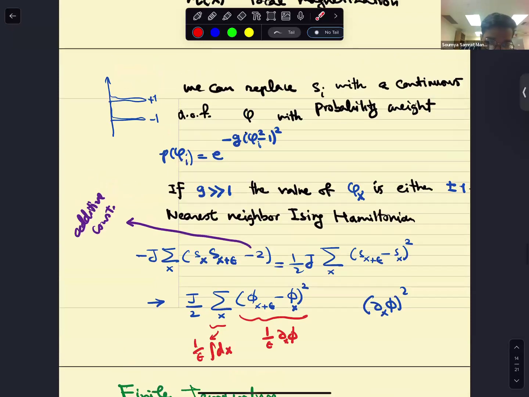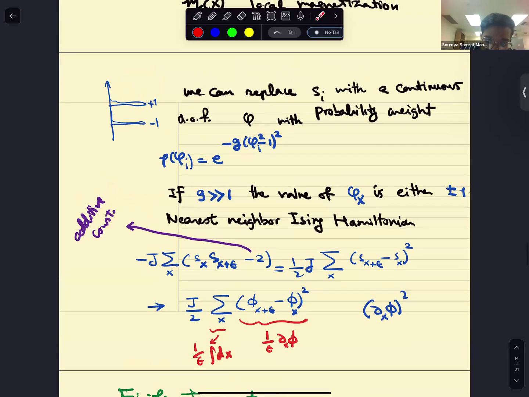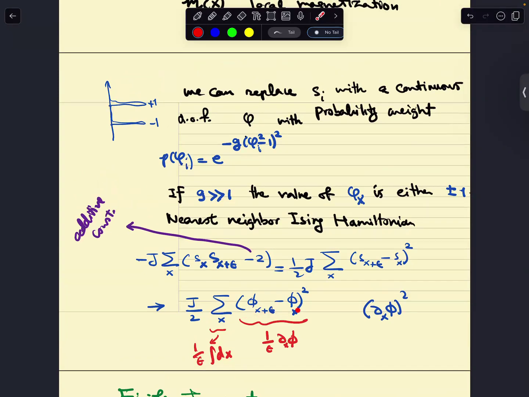I just need a clarification. How did you arrive at the last line from the spins to the fields? I'm confused there. This line? Yep, that line. So I just replace s of x plus epsilon by phi of x plus epsilon. s of x is phi of x, right? So this is the structure I obtain. Right?